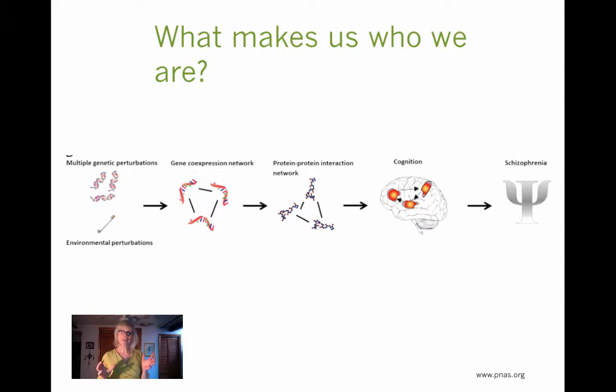But keep in mind that what we believe is happening is that we have a number of genes that are active and working together, producing proteins that interact, and that those actions create structures in the brain with associated cognitive responses, and that those structures and cognitive responses are what lead to schizophrenia.